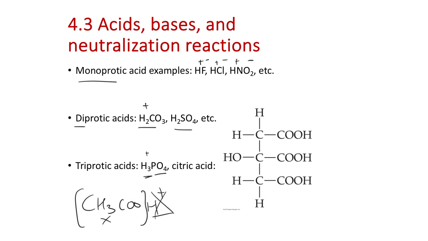So we start to think about recognizing an anion, remove all the H pluses. Those are the number of H pluses that can be removed from the compound. So acetic acid is monoprotic. And you can see this with citric acid, because citric acid has a lot of hydrogens, but only certain ones are acidic.